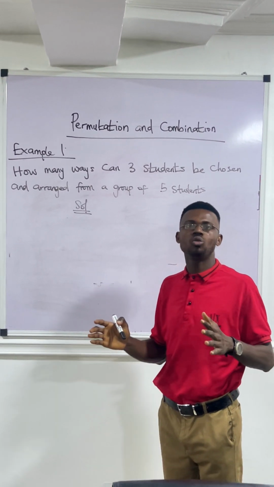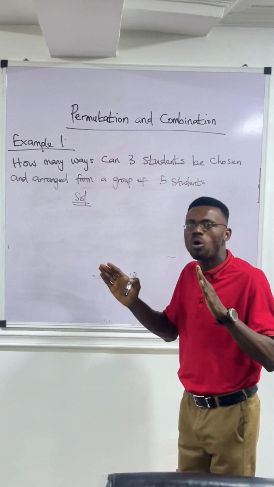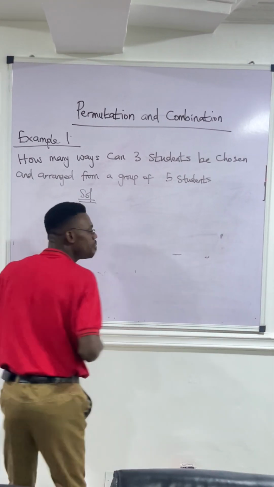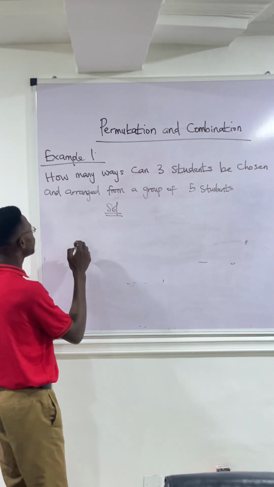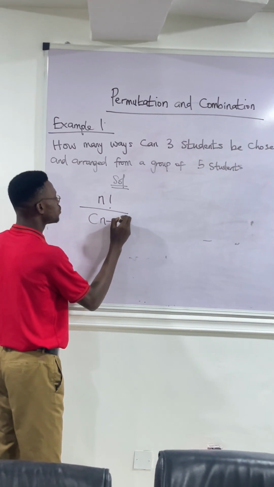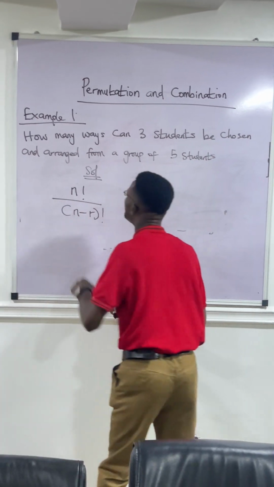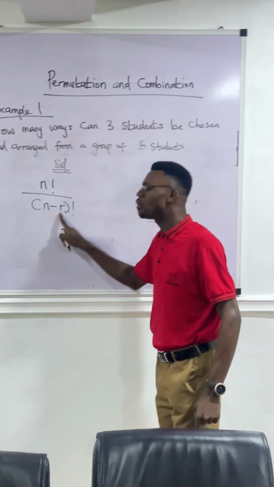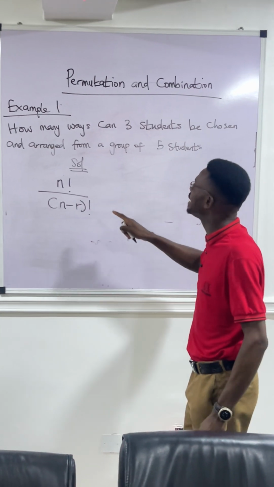Why? Because it has to do with arrangement in an ordered manner. Now remember, I gave you the formula for permutation. I said permutation is calculated by n factorial all over n minus r factorial, where n represents the total number of students, and then r is the number to be taken at a time.